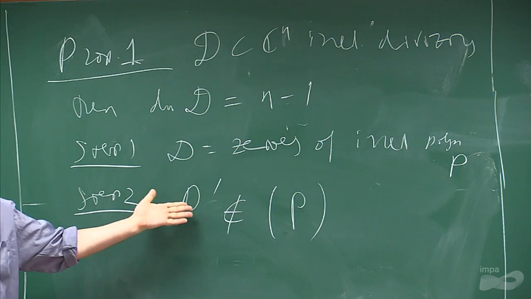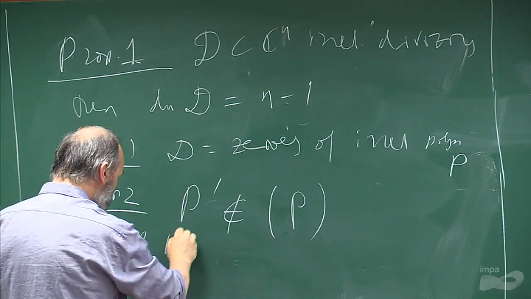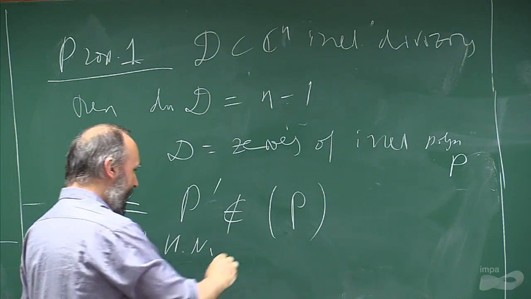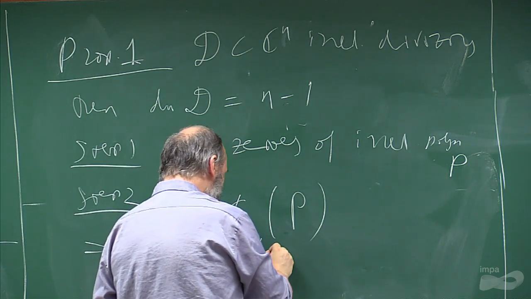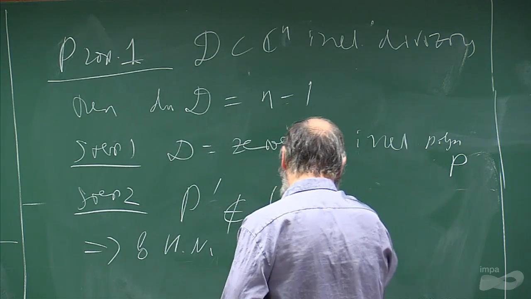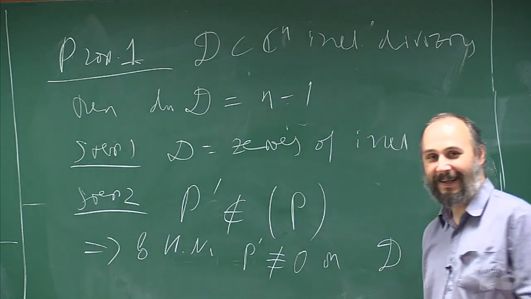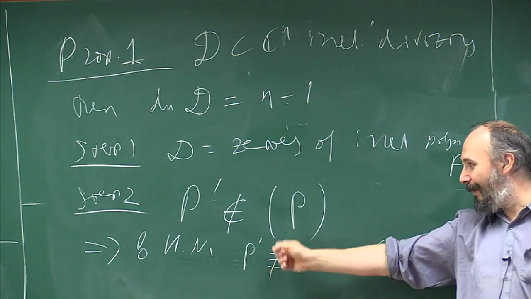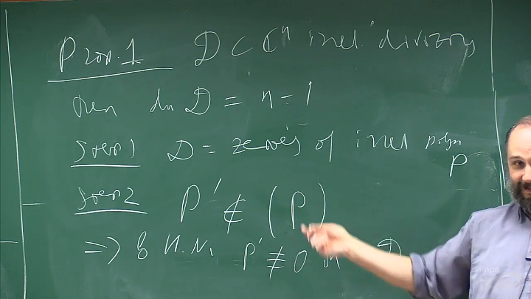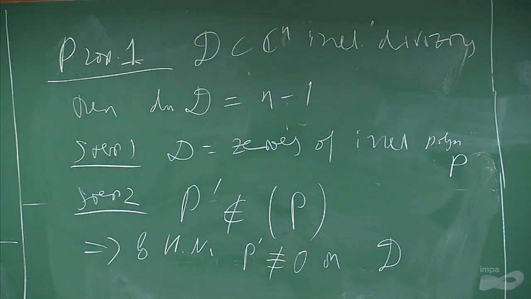It's smaller degree, right? Then by Hilbert Nullstellensatz, p prime doesn't vanish on D. I mean, if it vanishes on D, then it belongs to this ideal, and it doesn't. Right?